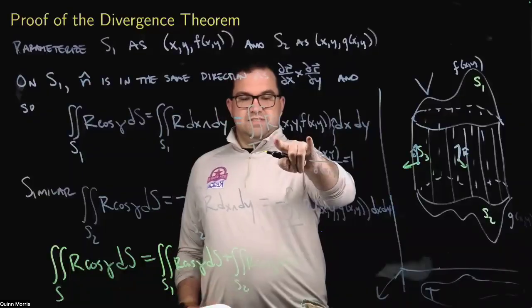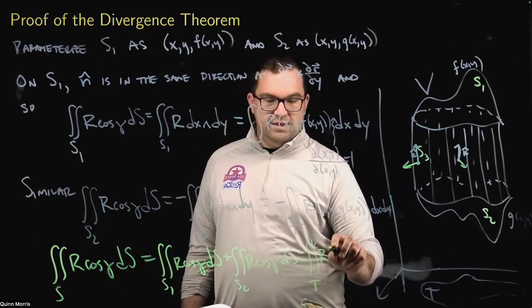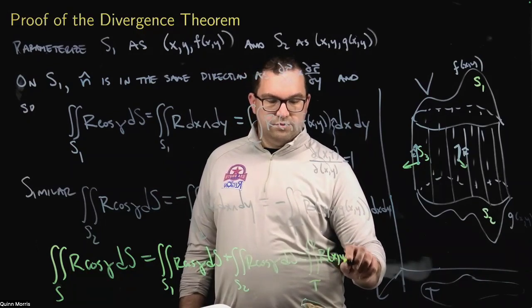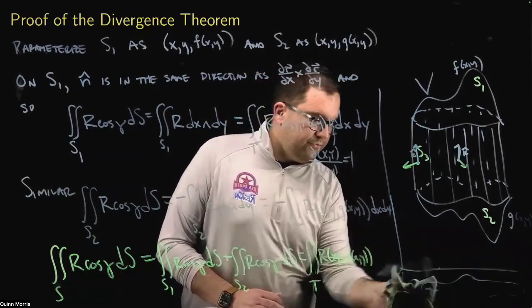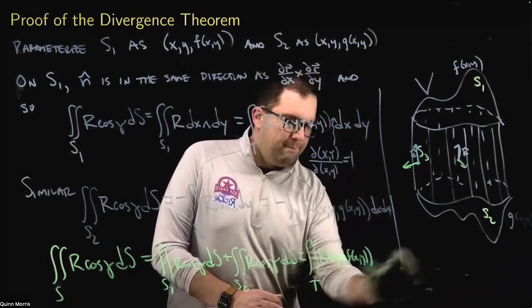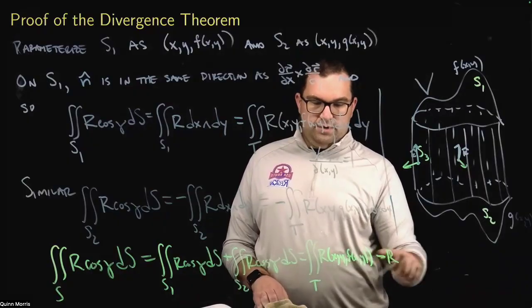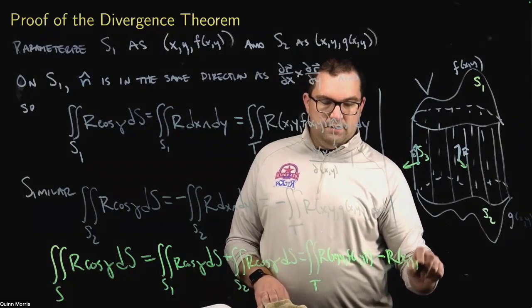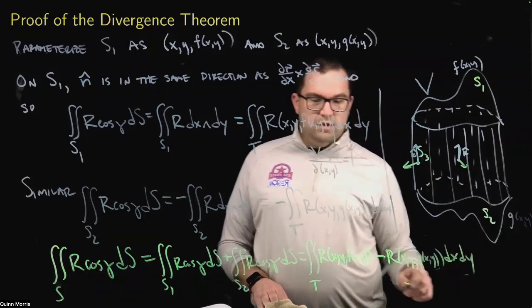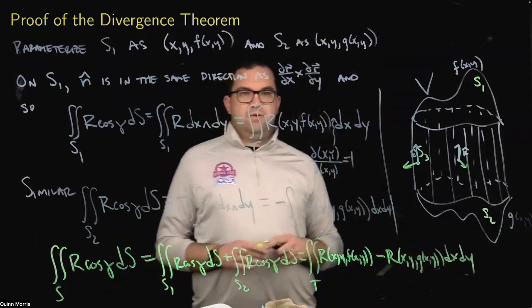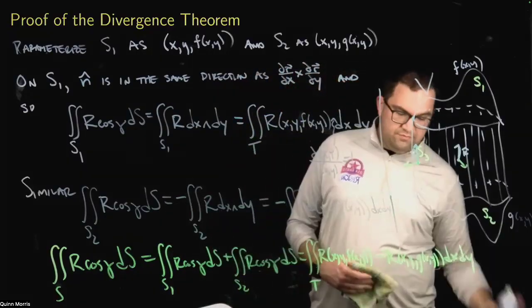And now we've shown that this is this double integral and this is this double integral, which if we combine them together gives us the double integral of the difference, R of x, y, f of xy, minus R of x, y, g of xy, dx dy, which is precisely what we had shown earlier is equal to the triple integral of dR dz. And so we've proven one of those three equations.